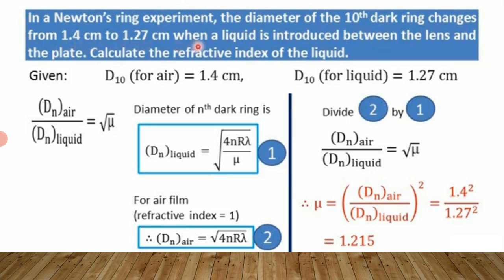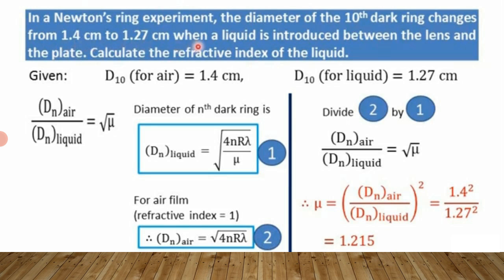Diameter of nth dark ring, Dn liquid, is equal to under root 4nRλ upon mu. For air film, refractive index is 1, then Dn air is equal to under root 4nRλ. For D10 of liquid, dividing 2 by 1, Dn air upon Dn liquid is equal to under root of mu. Therefore, mu is equal to Dn air upon Dn liquid, squaring on both sides.